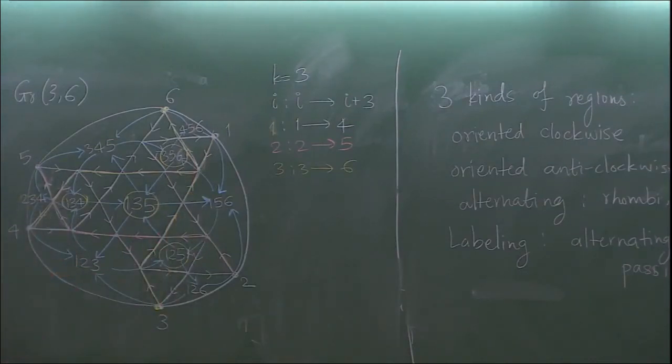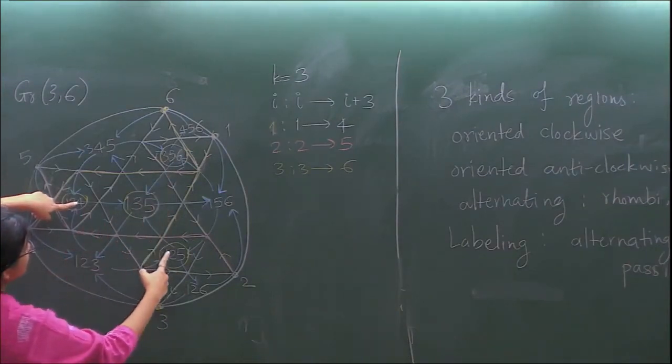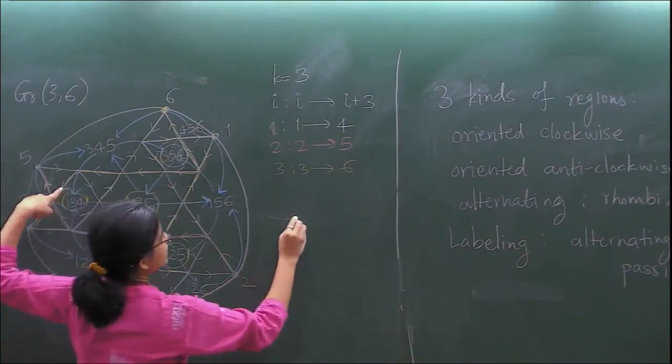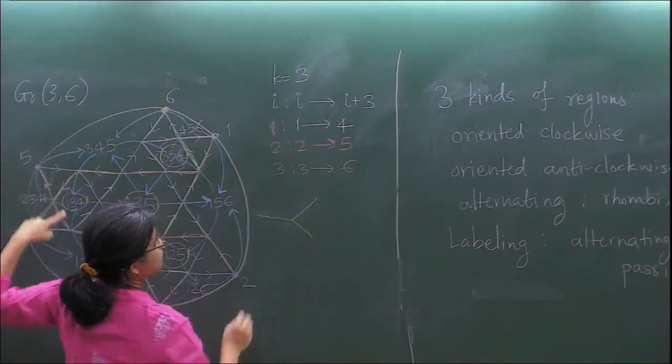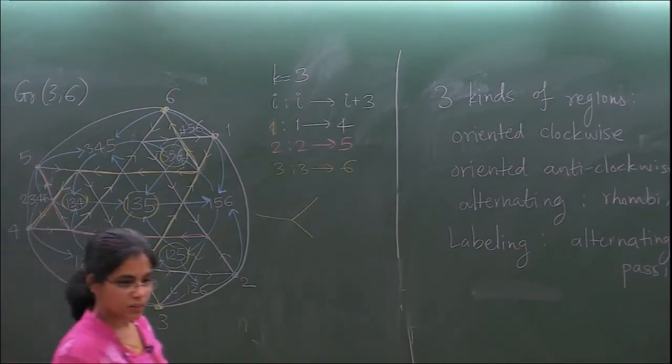Only these are mutable. And then if you look at the quiver, it's like this, which is D4. So this cluster algebra is of type D4. But anyway, I will stop here.